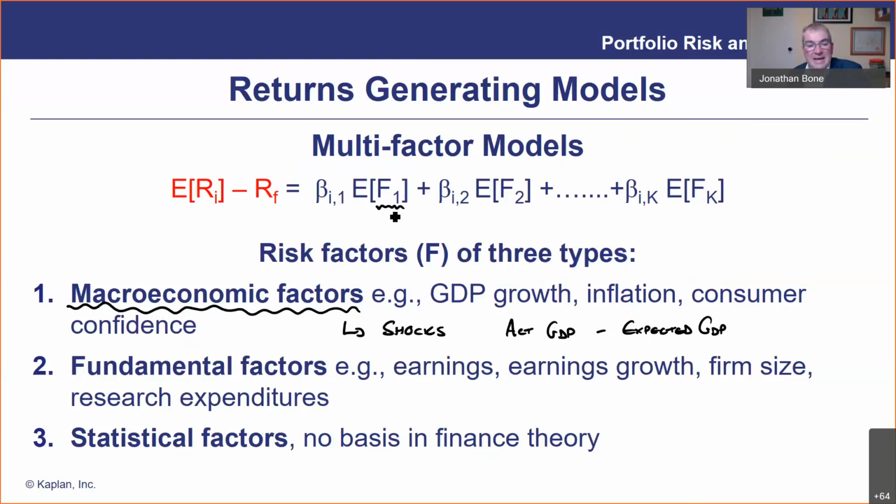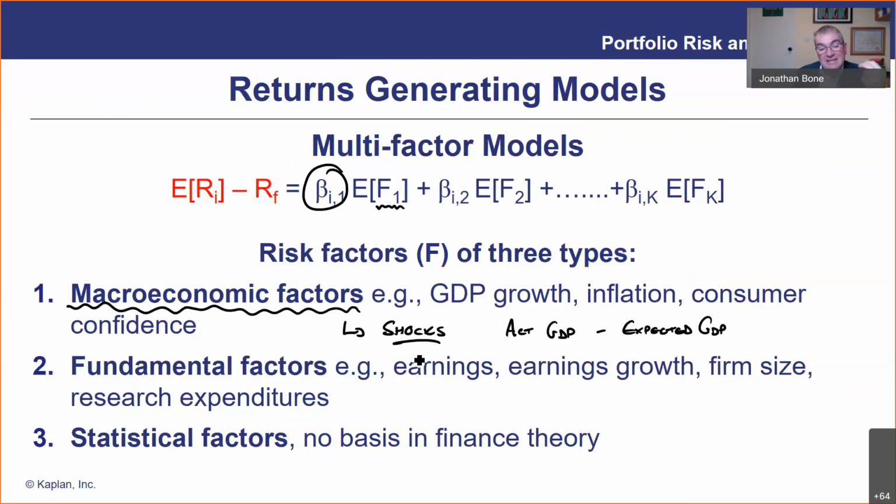Then beta would be the sensitivity of your stock's returns to this macroeconomic shock. So it could be actual GDP compared to expected GDP, actual inflation compared to expected inflation, consumer confidence, actual compared to expected, exchange rate, actual to expected. Again, it's all about shocks, all about when actuals differ from expected. And you get your macro factor models.